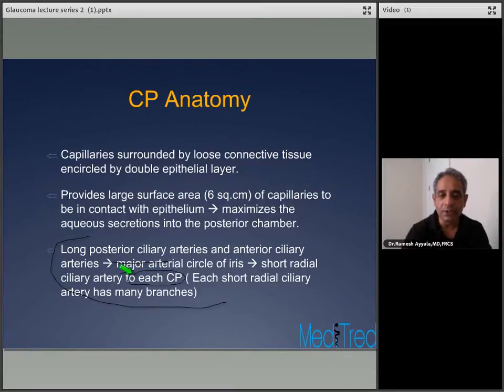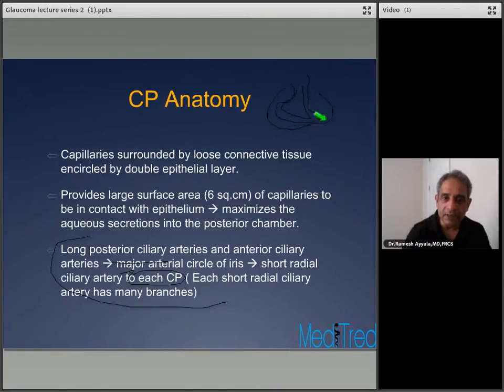Each short radial ciliary artery has many branches, and this forms a rich network of capillaries within the ciliary process. The capillaries in the ciliary process are different from the capillaries that you see elsewhere in the body. These are multiple and broad, meaning wide, and they have a lot of fenestrations in the wall, and they're surrounded by a loose connective tissue layer.